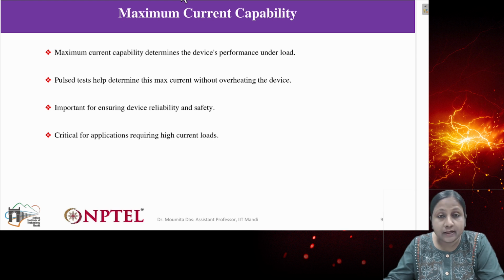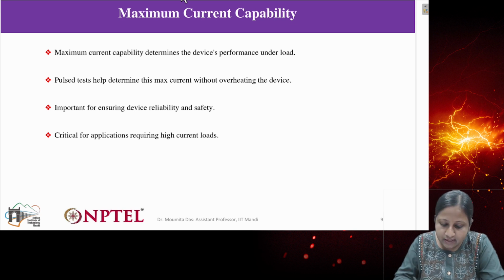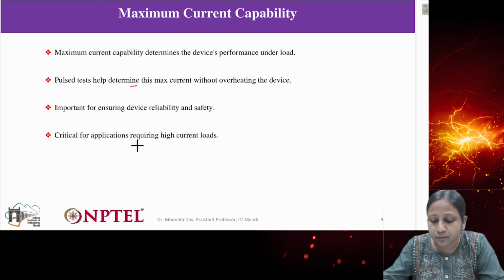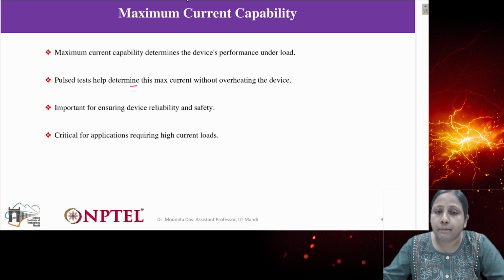Then the maximum current capability. The maximum current capability of the device is very important to find the suitable device for any particular application. Pulse testing also gives the maximum current which the device should be able to provide for reliable and safe operation. This decides the maximum current level for which the device can be applied.